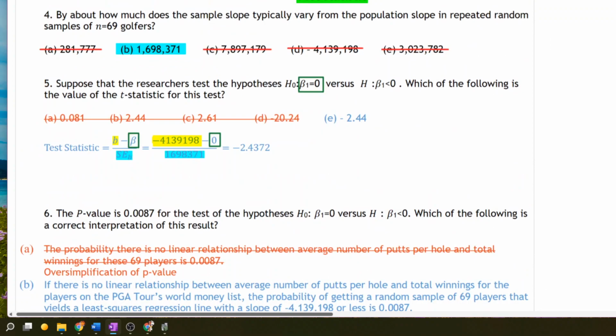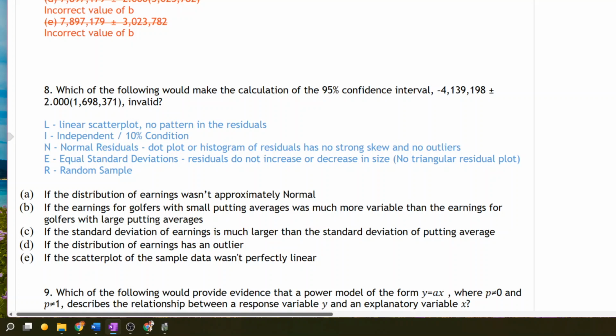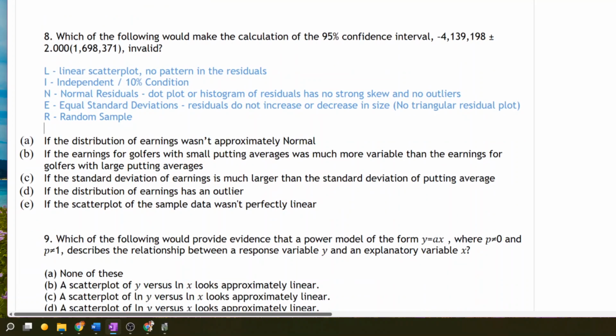So coming back to this question here, we're going to take these apart one by one, hopefully.